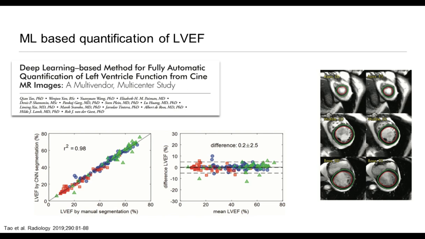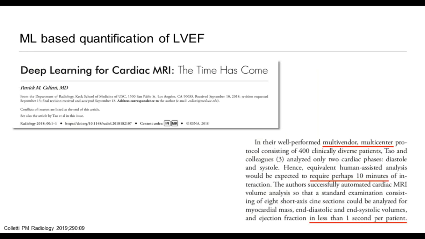This was a study done on many different MR scanners in different institutes in 400 patients. So that's a very strong point. Normally this requires up to 10 minutes or so, but now it's done in less than 1 second. So I think this is one example of where advanced quantification really helps you to increase your efficiency, but also reduce the inter-observer variability. So let's move on to the second example.